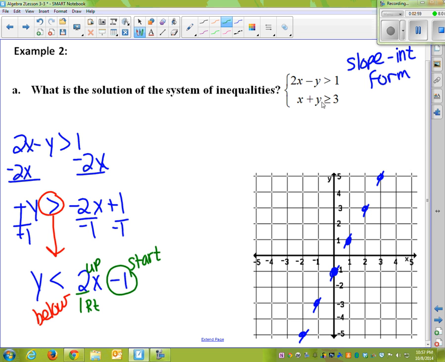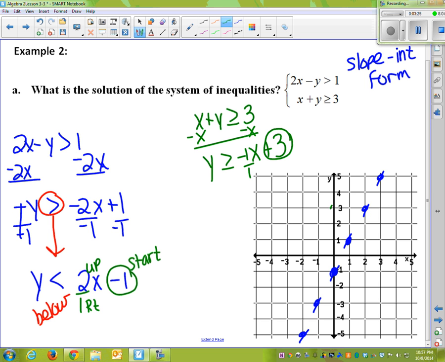X plus y greater than or equal to 3. Subtract the x, let's put it in slope-intercept form. Y is greater than or equal to negative x plus 3. Your y-intercept is 3, and then your slope is negative 1 over 1.